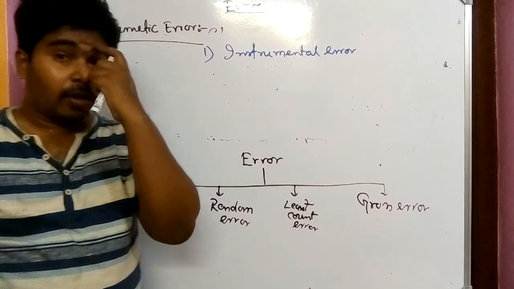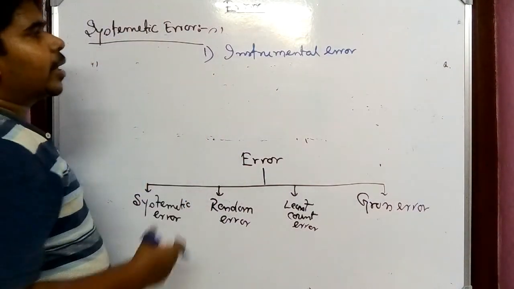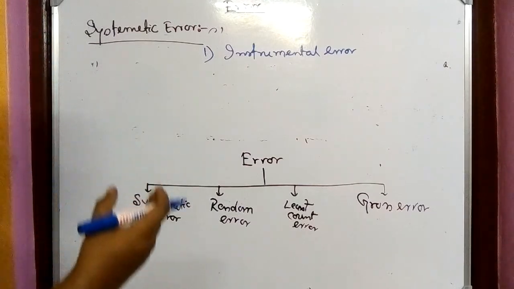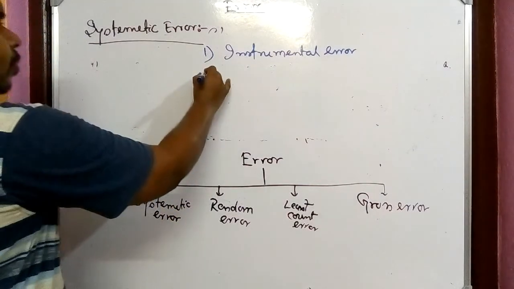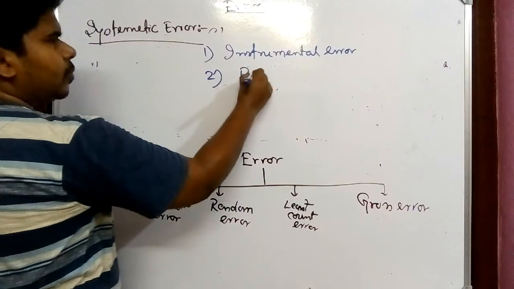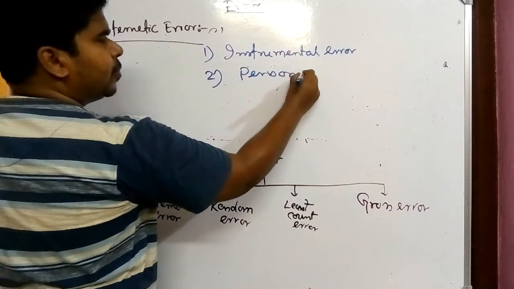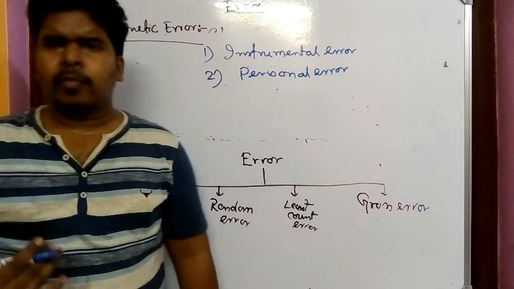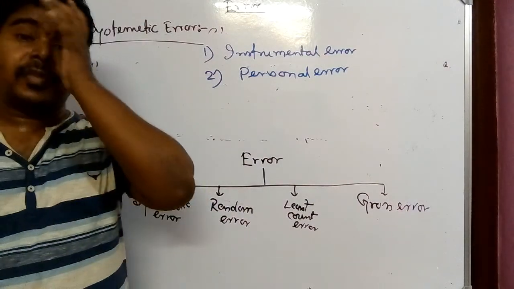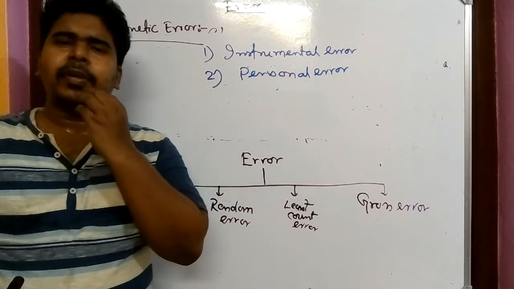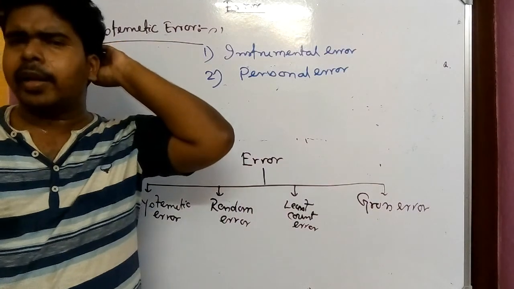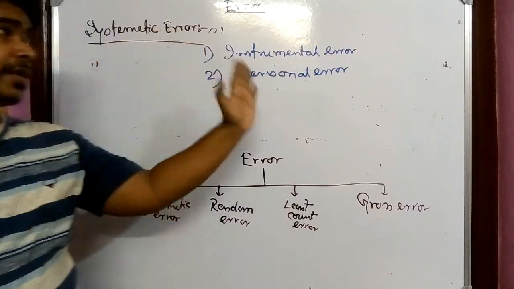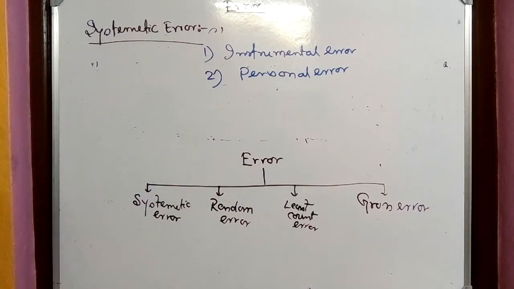So from that point the error can come, that is instrumental error. Number 2, personal error, which is very common. The person who is doing that practical, who is doing the measurement, maybe some error is done by the person. So this error is known as personal error.